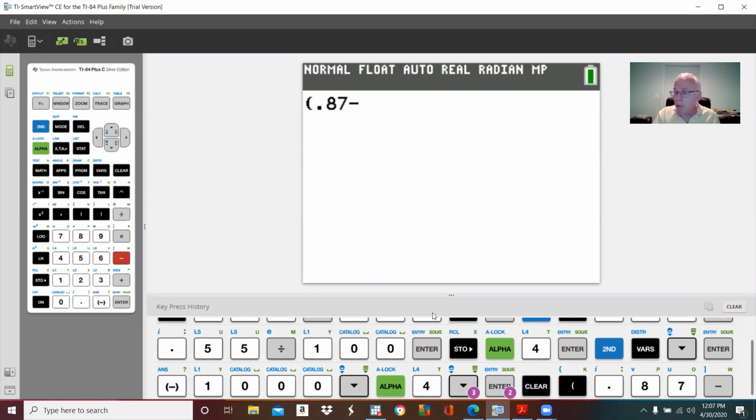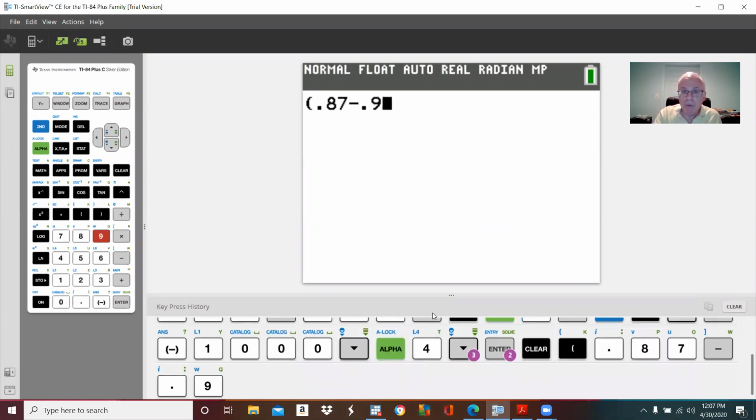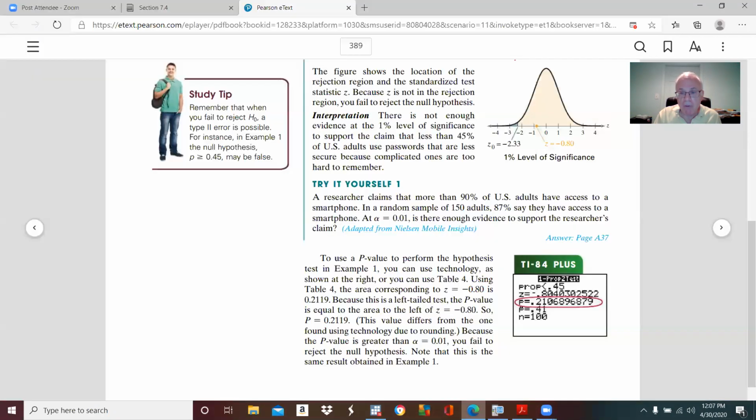And 0.9 is the hypothesized proportion. All right, so just verify that. 0.87 is the p hat, and the claim is 0.9. All right. Now, let's go back to the calculator.